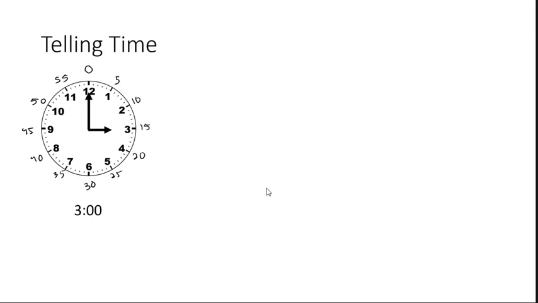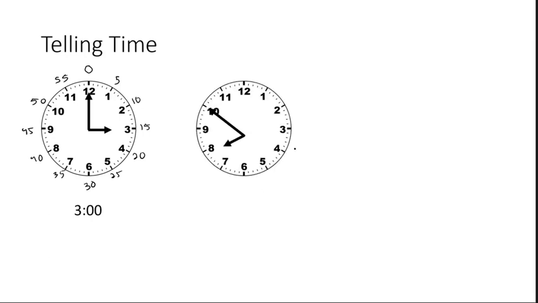Okay, next in this picture, we see that the minute and the hour hand are in different locations. So let's begin by trying to figure out what hour we're at. The hour hand is the shorter hand, and notice it's between 7 and 8. So this would still be considered 7 something. The time still has an hour of 7.